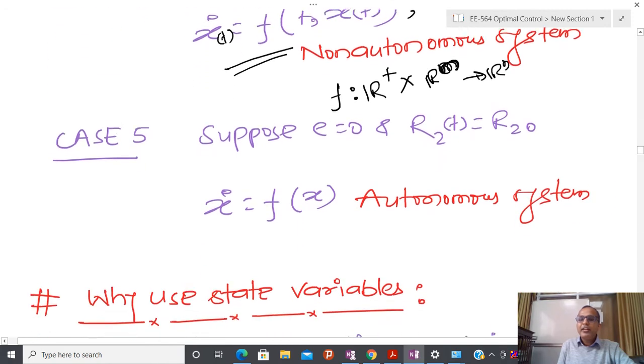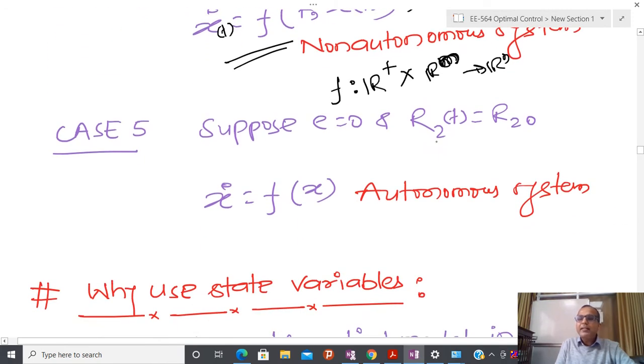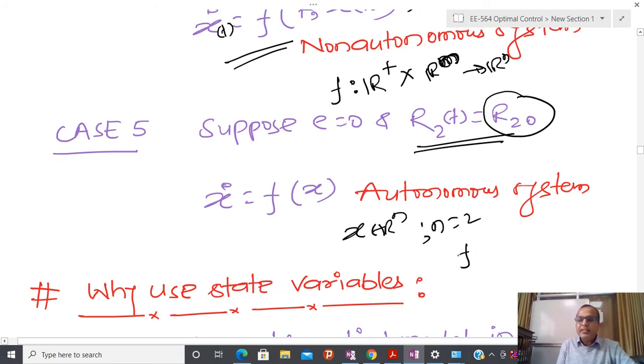Now if you put e equal to 0, and the time varying resistance also as some kind of constant, then you land up at this class of system, and this class of system is called an autonomous system. The generalization of that is x belongs to Rn; for this particular circuit n equals just 2, and the function here becomes simpler, from Rn to Rn.